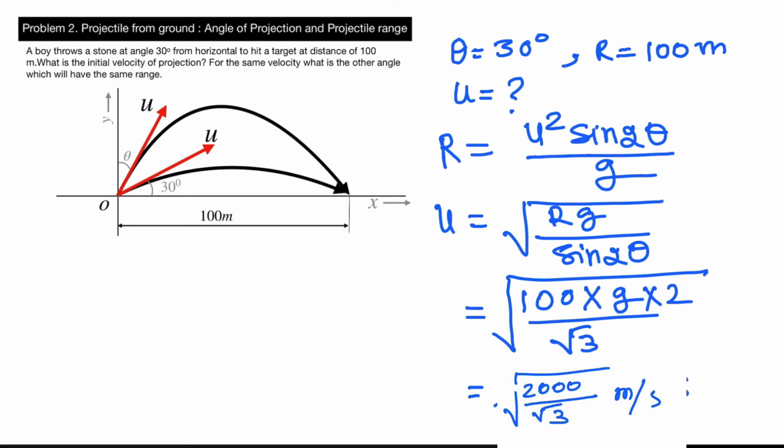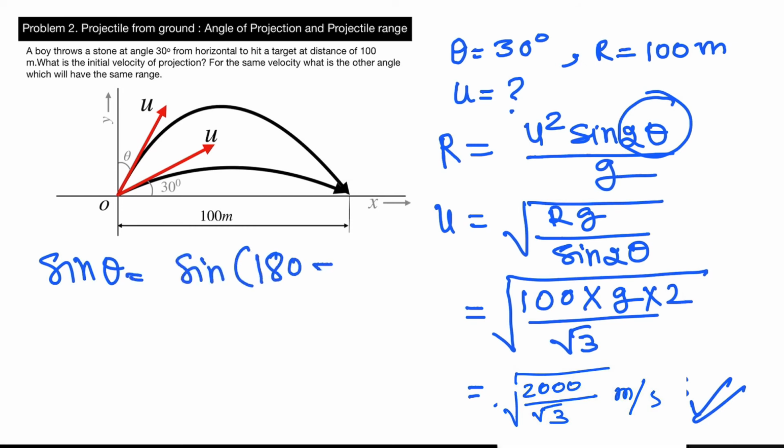Now the second part of the question is, what is the other angle, if we project the same projectile with the same initial velocity u, it will fall at the same distance. So for this we need to know that the range R is dependent on theta as sine 2 theta. So we know that sine theta is equal to sine 180 minus theta.